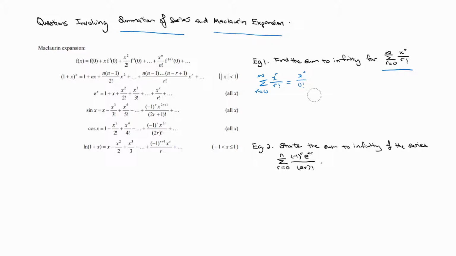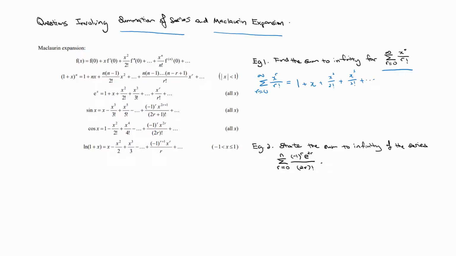If you press this into your calculator, 0 factorial is 1, and x to the power of 0 is 1, so I'm just going to simply write it as 1. And then for r equals 1, we have x over 1 factorial, which simplifies to just x. Next is x squared over 2 factorial plus x cubed over 3 factorial, and so on and so forth.